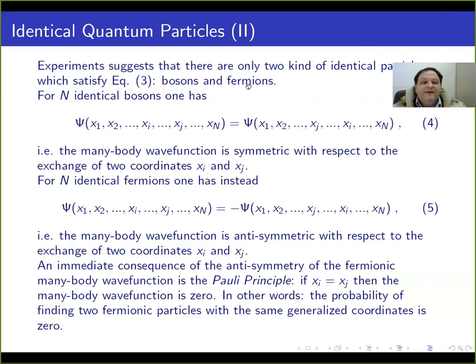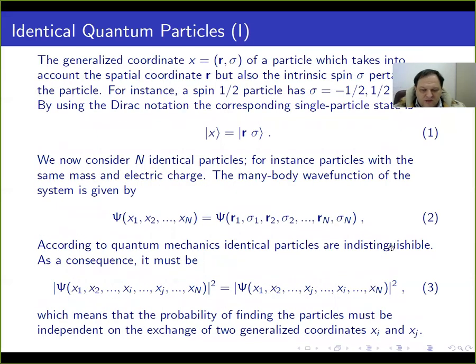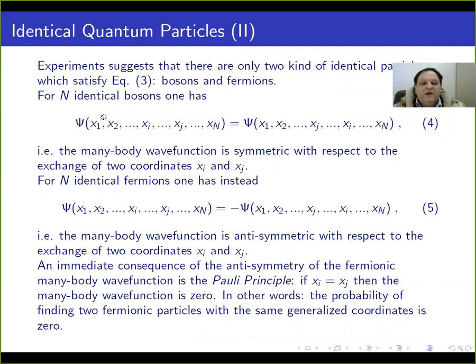So, for n identical bosons, we have the same formula of equation 3, but without the square modulus. So the wave function without the square modulus is such that if you exchange two of the generalized coordinates, you get the same wave function.